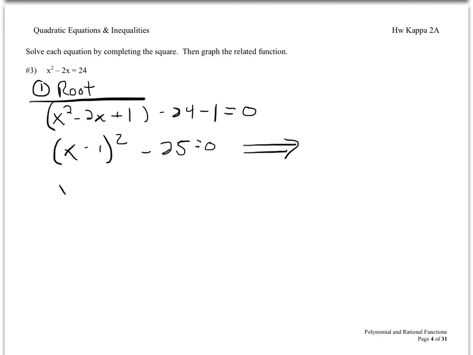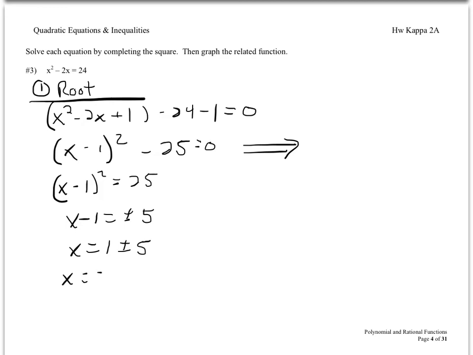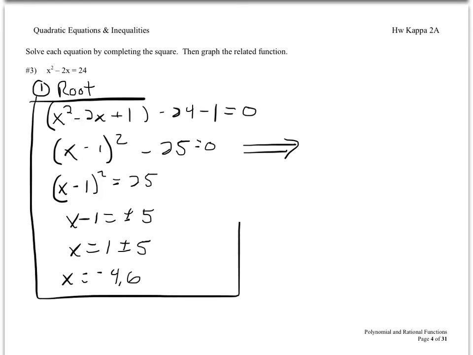To solve this, we add 25 to both sides. Square root both sides. Anytime you take an even root, it's plus or minus. So you end up with 1 plus or minus 5, which is a negative 4 or a positive 6. Those are the roots of this equation.